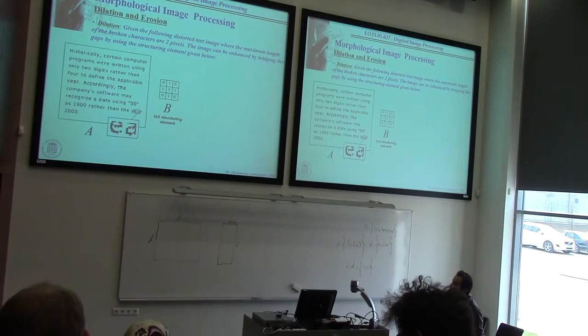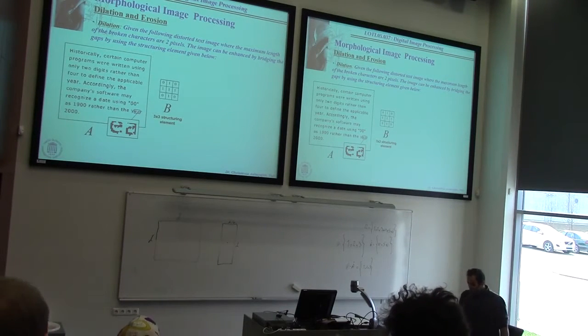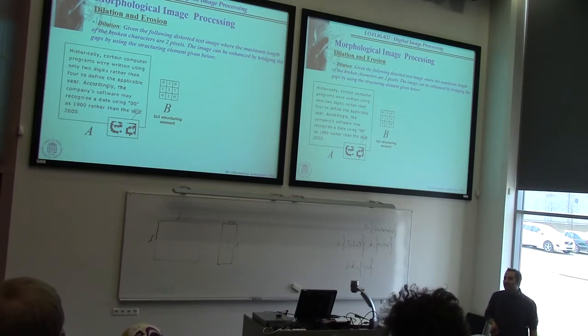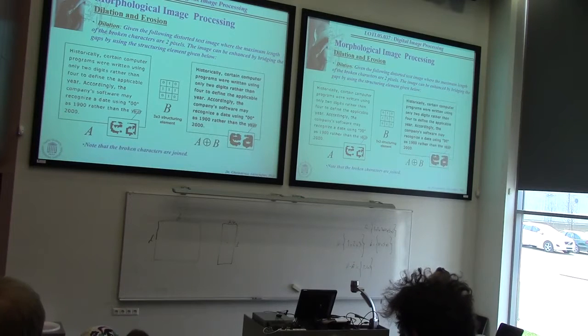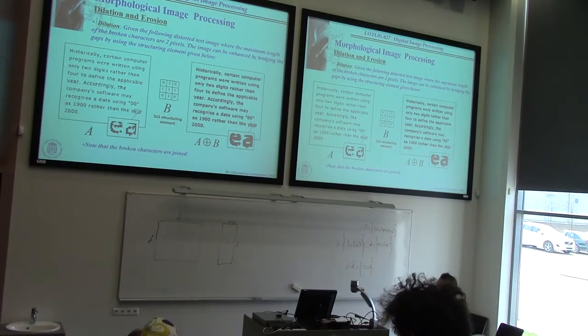For example, here. If we use this algorithm for this, you can see that we join the broken parts because we extend the image or the edges in this form.